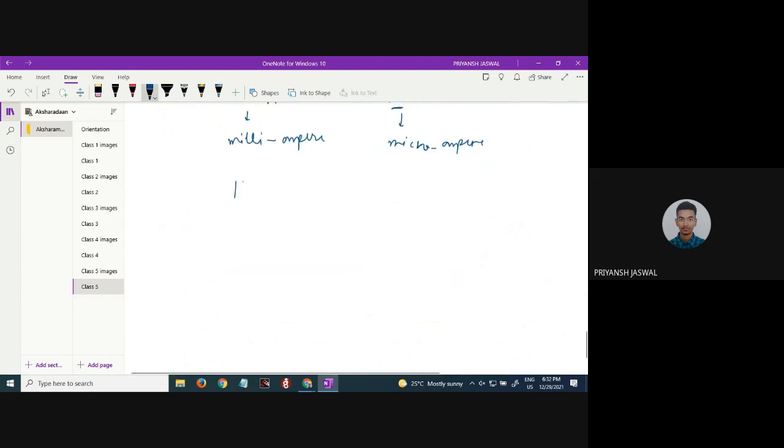Milliampere is basically 10 to power minus 3 of ampere. It is 1 by a thousandth of an ampere, and microampere is 10 to power minus 6 amperes. It is 1 by 1 millionth part of an ampere.